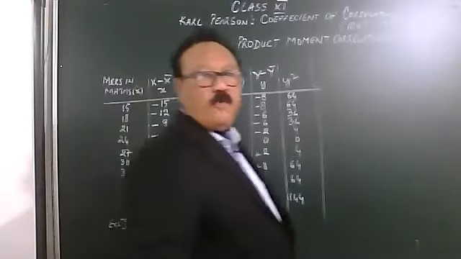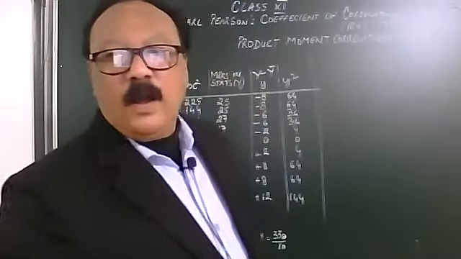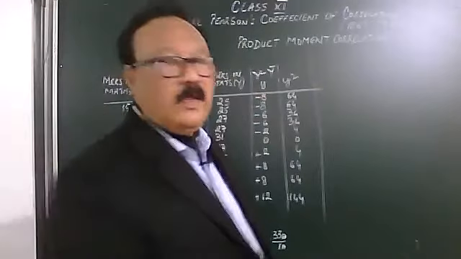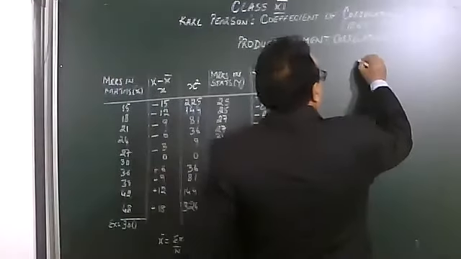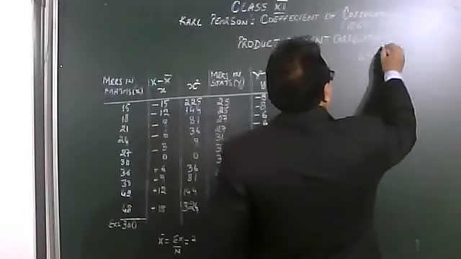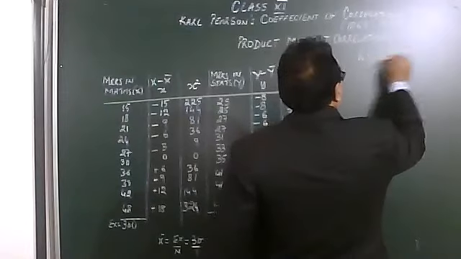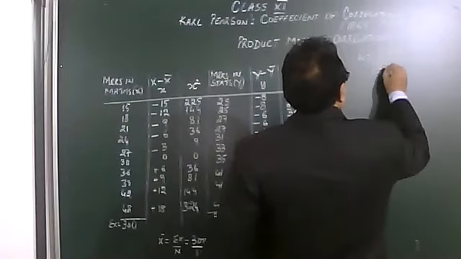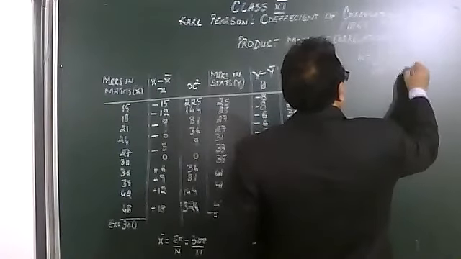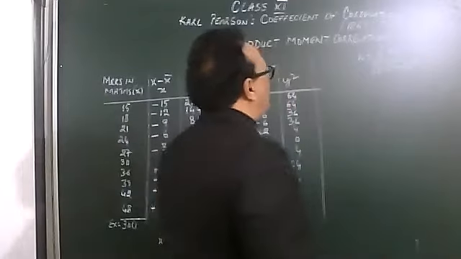Now, what is our formula? Our formula for calculating the correlation is r is equal to sigma xy upon under root sigma x squared multiplied by sigma y squared.